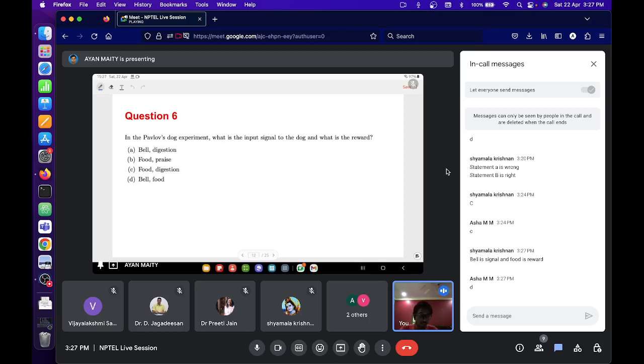Shyamala Krishnan says bell is a signal and food is reward, and Asha says D, which is the same answer, bell and food. Any other answers?